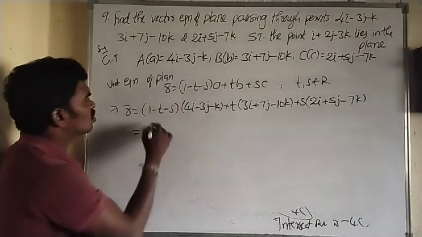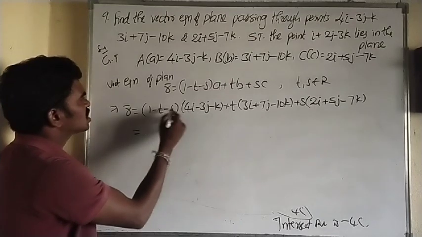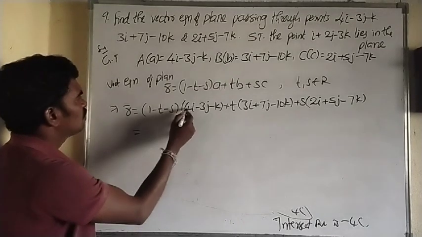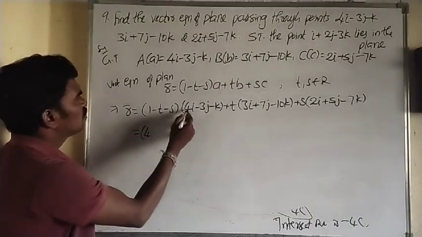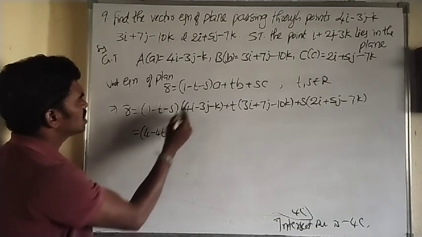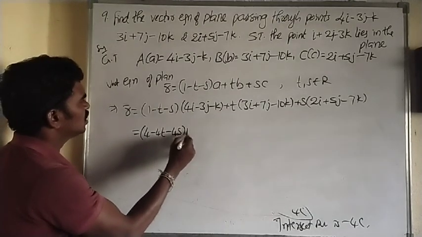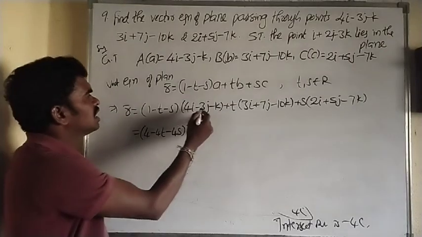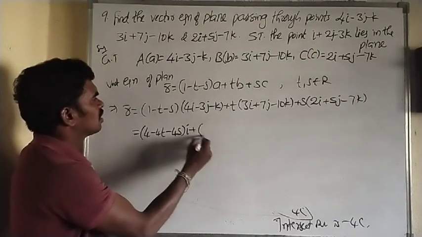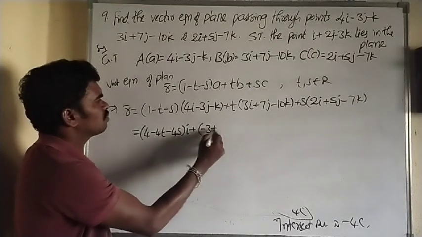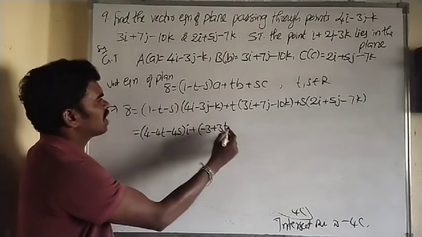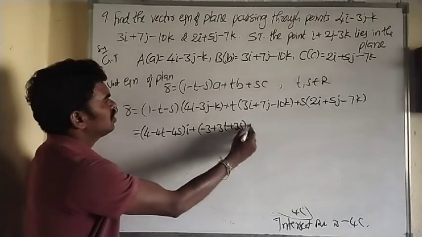What is the i coefficient? (1 minus t minus s) into 4: 4 into 1 is 4, 4 into minus t is minus 4t, 4 into minus s is minus 4s, into i. Similarly the j coefficient: minus 3 into 1 is minus 3, minus 3 into minus t is plus 3t, minus 3 into minus s is plus 3s, into j.